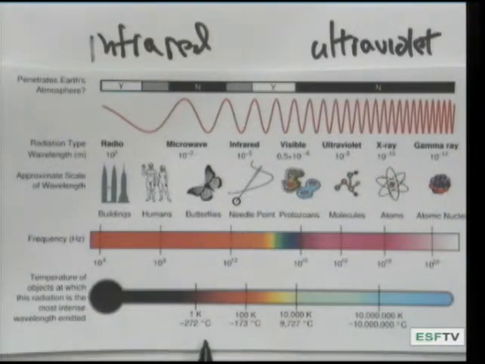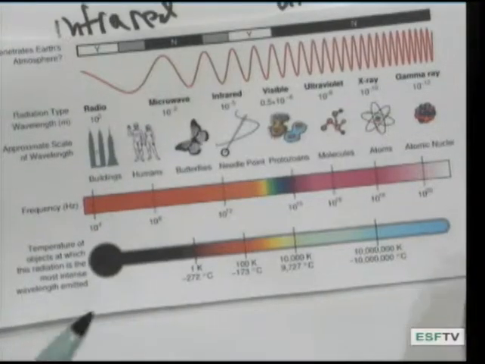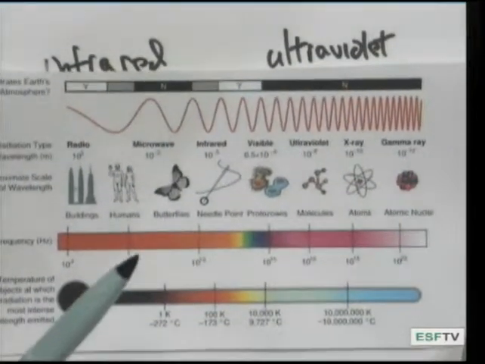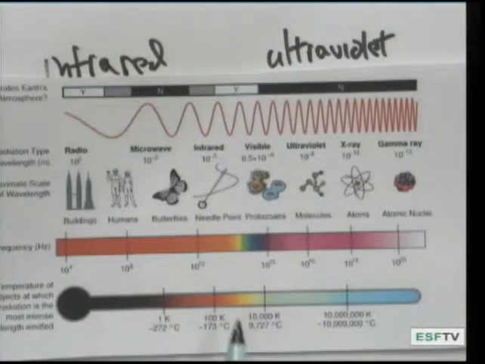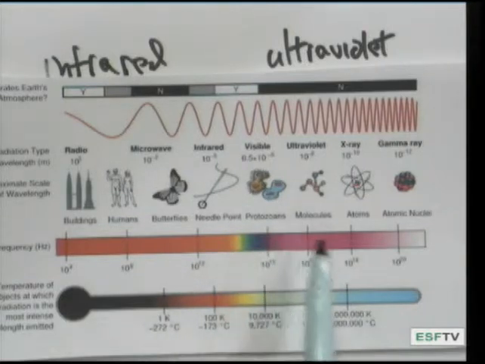When you start getting up into temperatures that are close to what we are experiencing, the kinds of temperatures that exist on Earth, for example, up around 270 to 290 kelvins or so, which translates to from 0 to about 30 degrees Celsius, then you're up into the infrared region right over here. And when you start getting up into sun-type temperatures, up around 10,000 to 20,000 kelvins or so, then you're starting to get into not only the visible range, but also the emission of ultraviolet radiation as well.